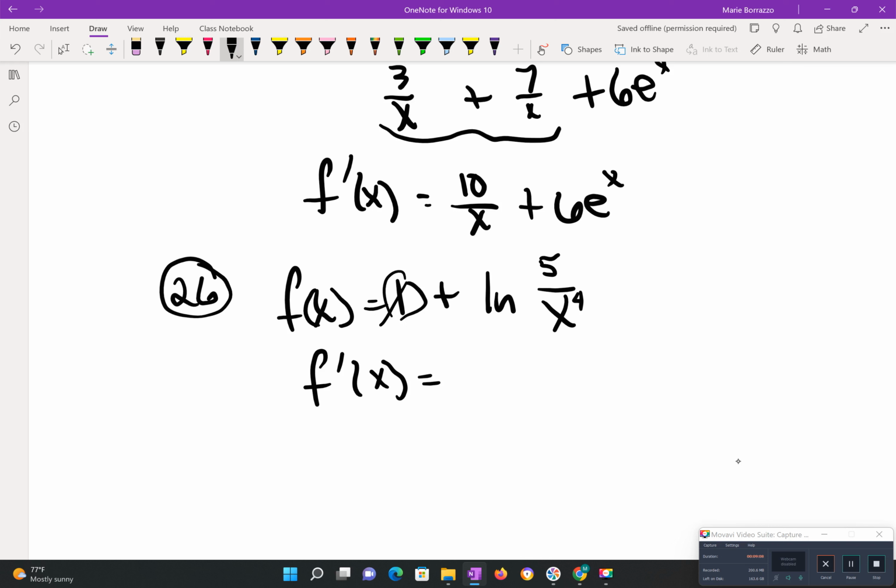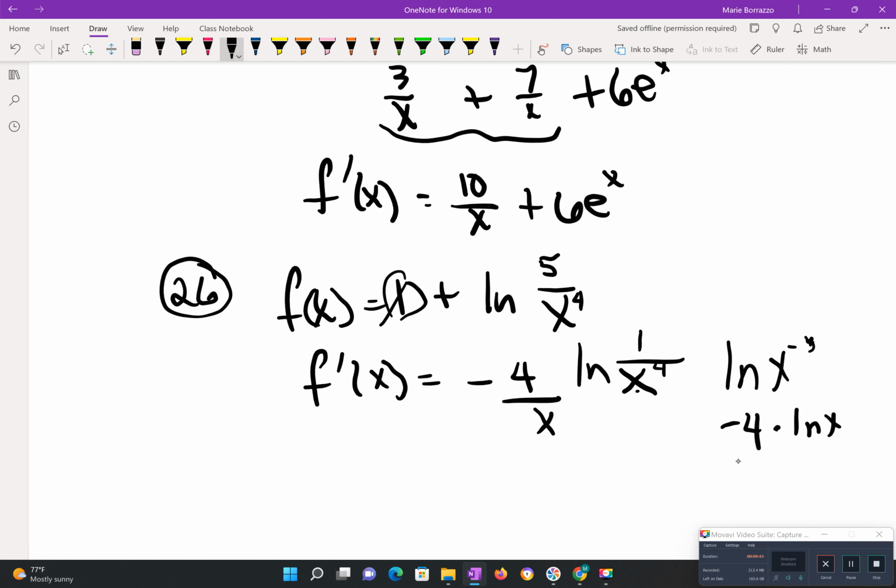This is just the negative 4 over x. Because remember, the 5 is like a constant, so it dissipates. You end up with x power of 4. So if it's natural log of x power of 4, if you bring this up as a negative, this is natural log x negative 4. So it becomes negative 4 times natural log x, which is negative 4 times 1 over x.